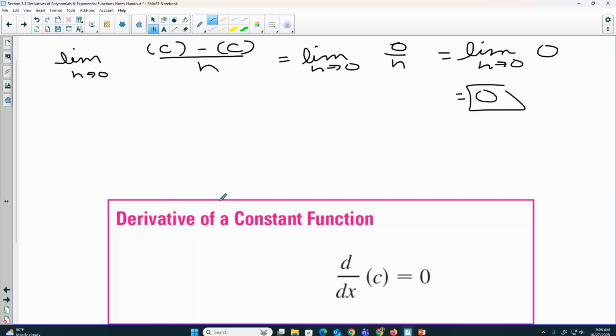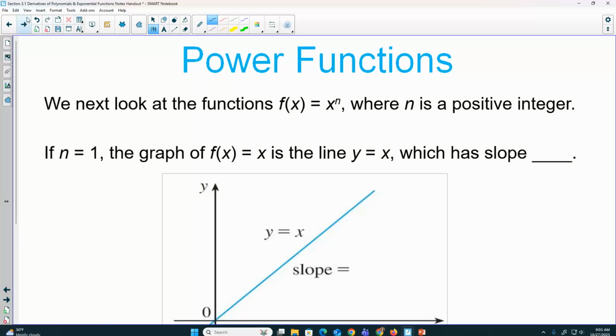Let's try to figure out any other shortcuts that we might have. You might have noticed when you were working through those, I could usually look over your shoulder and tell you if you've gotten the right answer or not, because there are some things that we can use to help simplify this. If I'm talking about a power function, like x to a power, as long as that exponent is positive, because negative exponents have some different rules, because what does a negative exponent do?